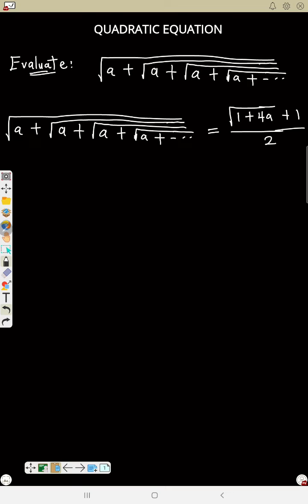So now if I have a question and I remember this formula, I can use it to solve questions of this form.